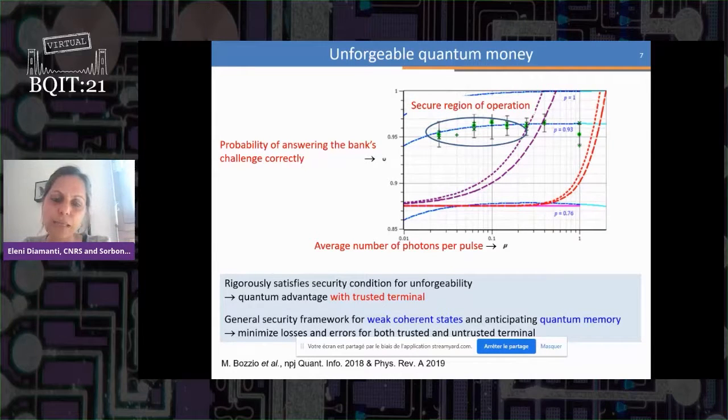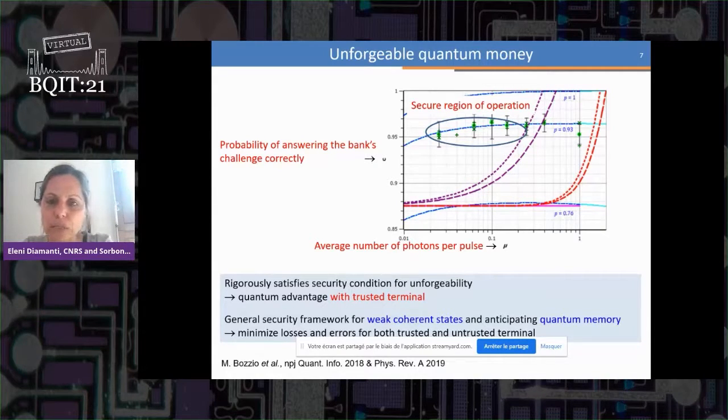And so that's how you can have a rigorous proof of unforgeability for this type of quantum money protocol. And for this, it's essential to adapt the security proof to the real implementations that are not using real single photon states, but weak coherent states. This is extremely important, in the same way that we're doing for QKD.